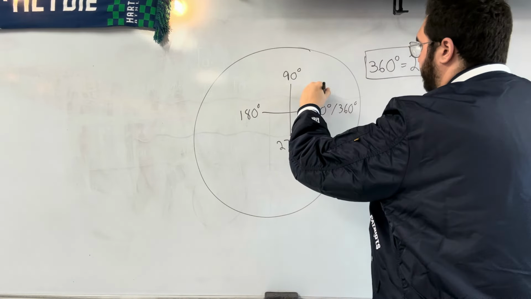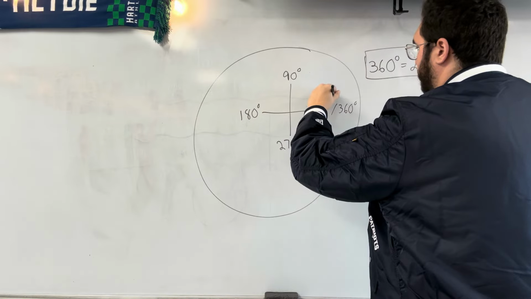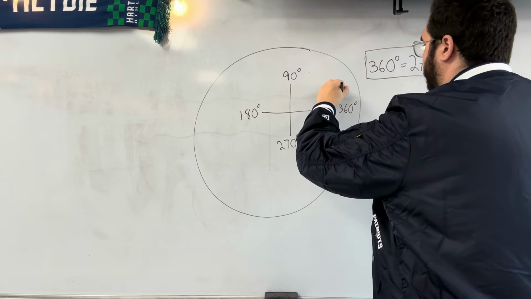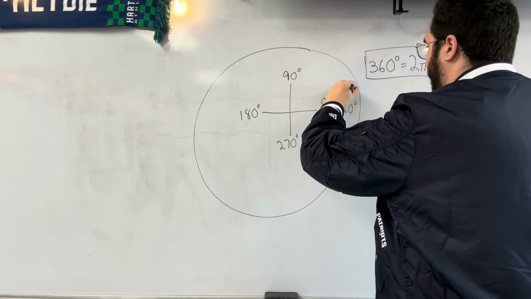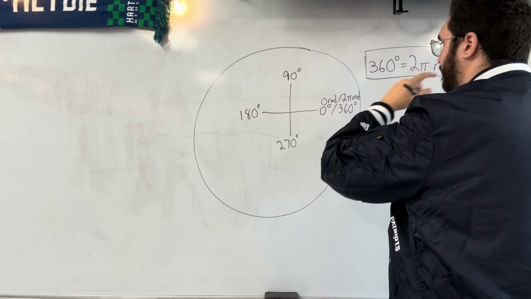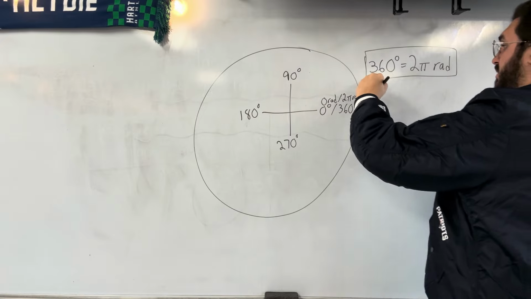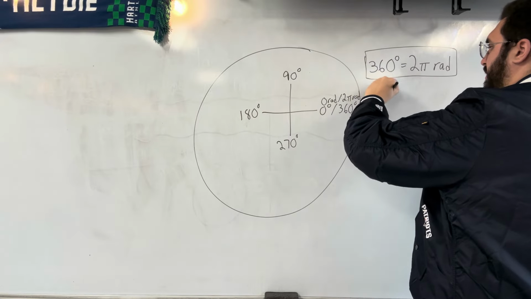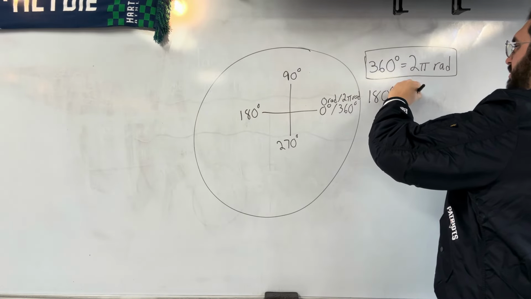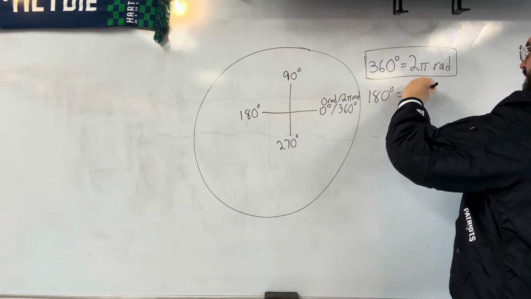So, this will be 0 radians. This will be 2 pi radians. Alternatively, this also means 180 degrees is equal to 1 pi radians.